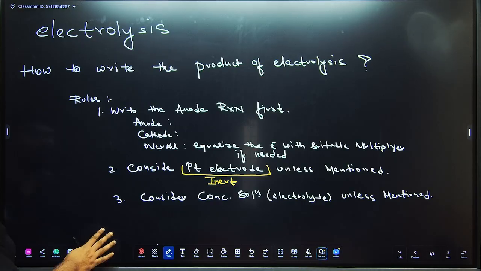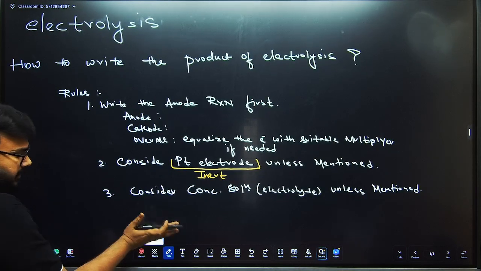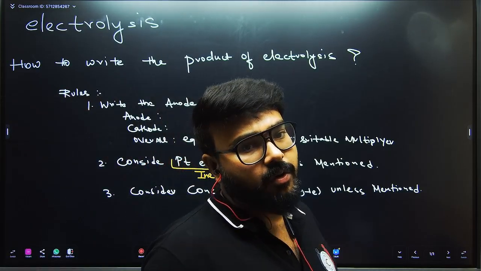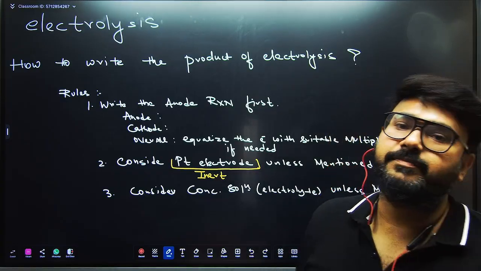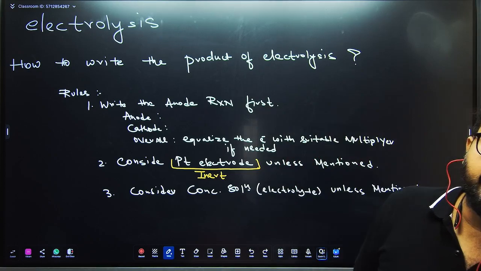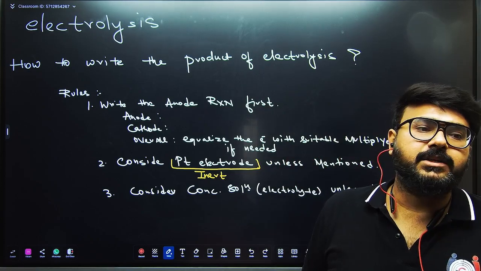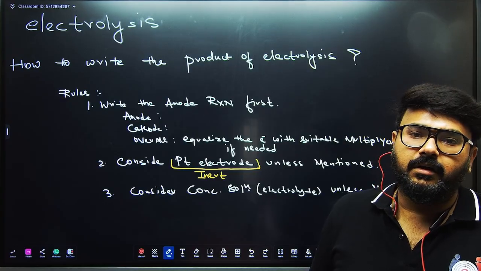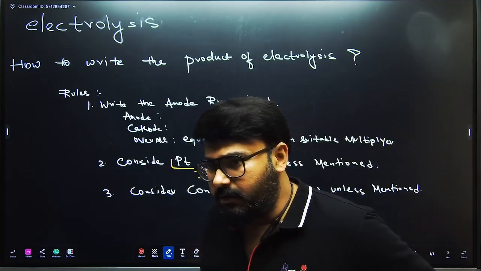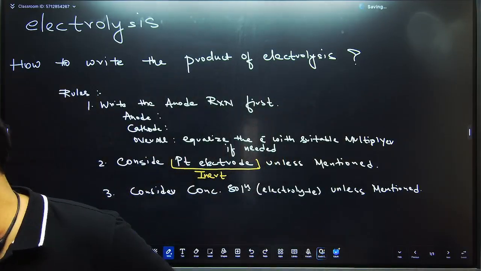Gold is not preferred here. The issue with gold is, first of all, it is very, very expensive. I mean, platinum is also expensive, but gold is way too expensive. Plus, gold can take up a lot of impurities very easily as compared to platinum.